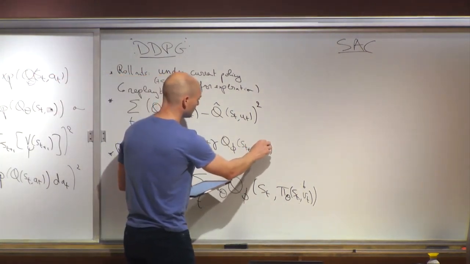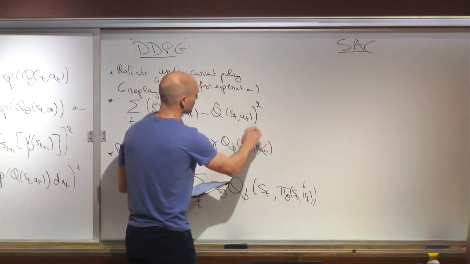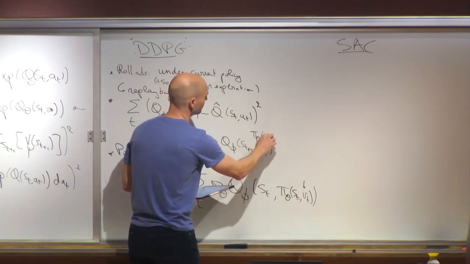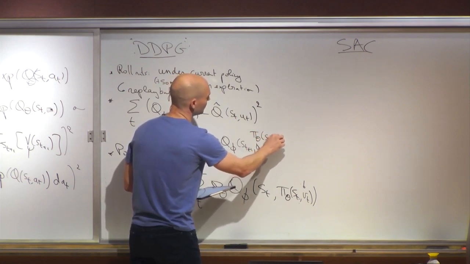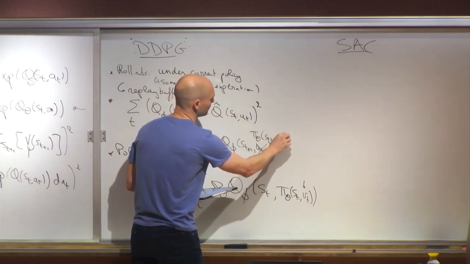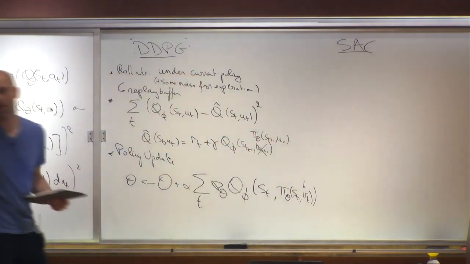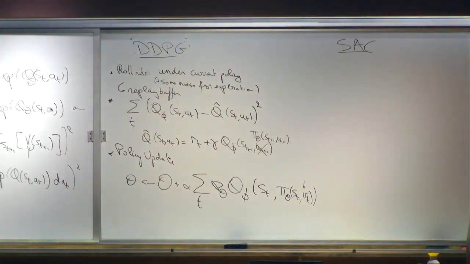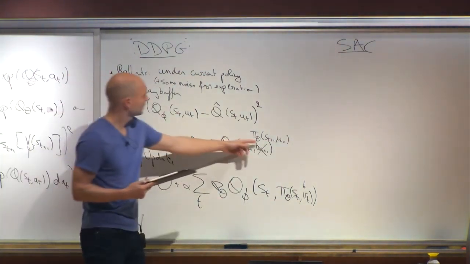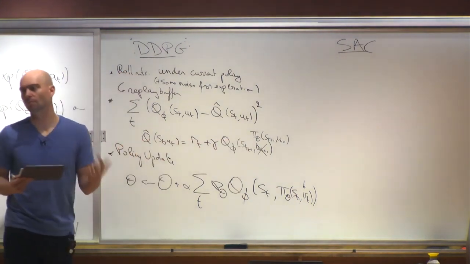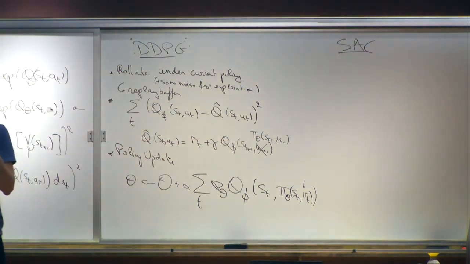We replace this with the current pi theta of st plus 1, potentially with some noise also if you want, but you can also put a 0 there. This is what allows you to do off-policy learning. You get to reuse your old data to learn the Q value for the current policy.